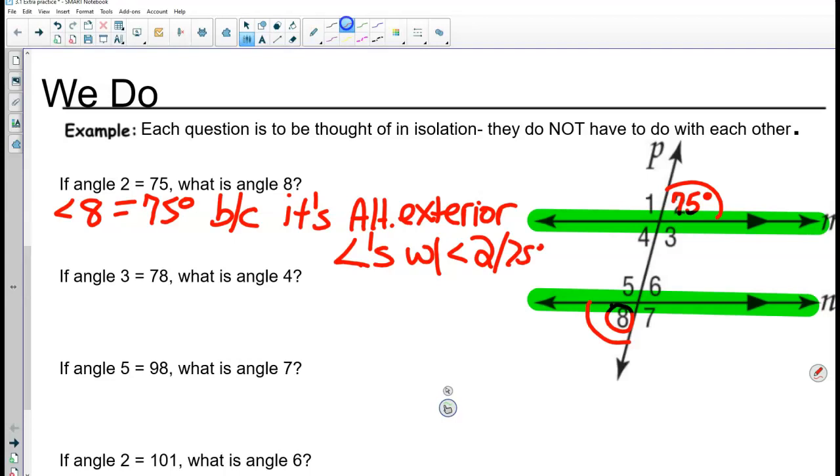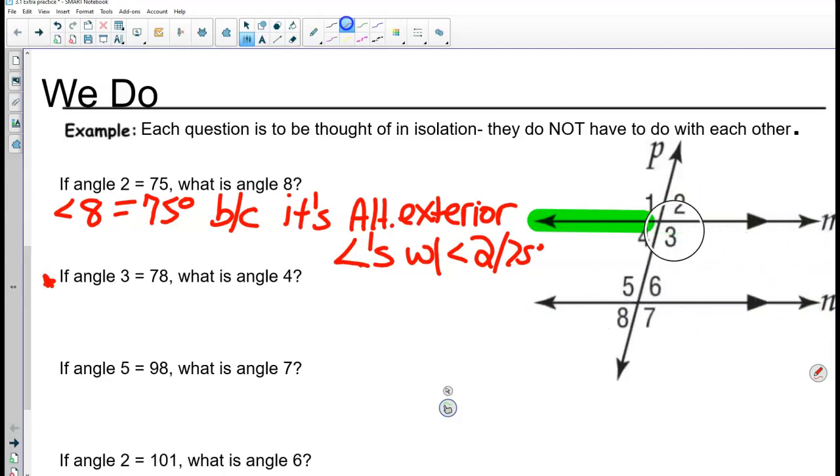All right, so how this works is we're going to pretend that the next question has nothing to do with the first one. So I'm going to erase my work, and I'm going to pretend. Okay, this is a brand new problem. We're starting brand new.